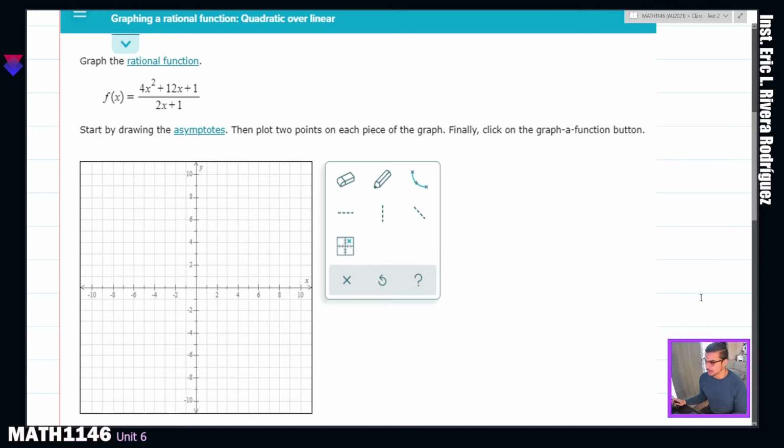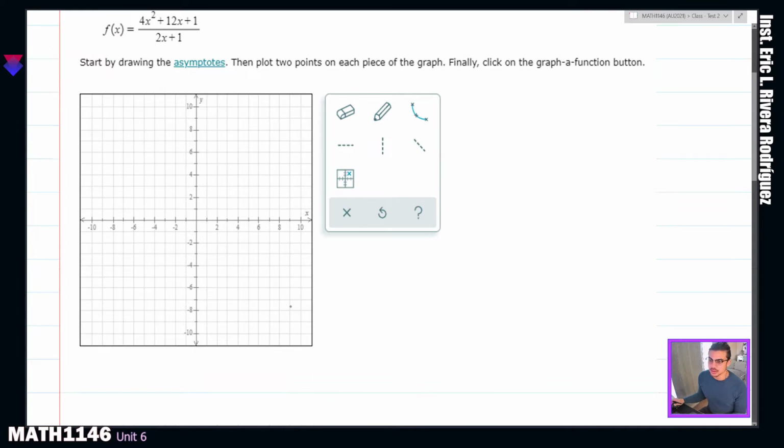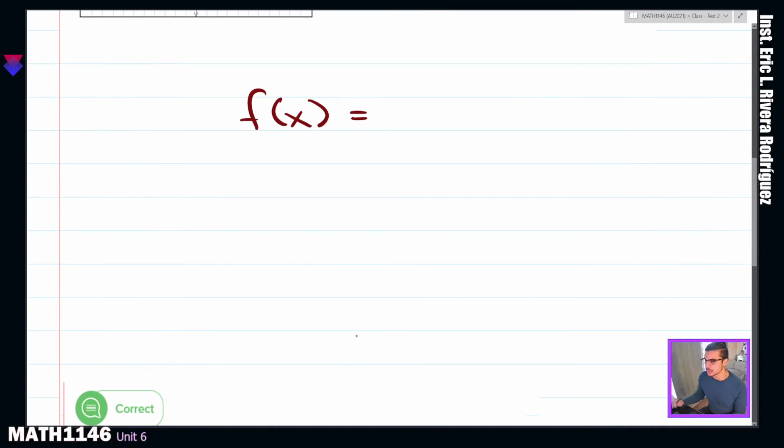Okay. So I will try to zoom in on everything that I write here. The first thing I want to write is just the function.